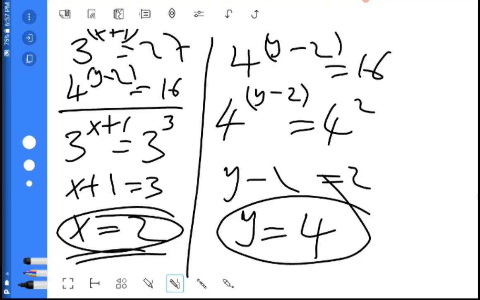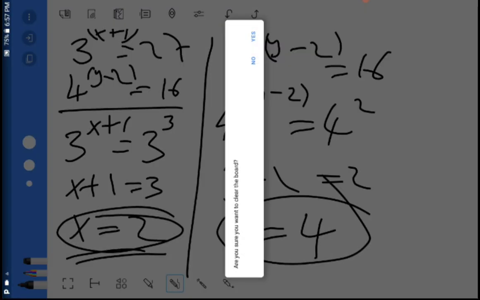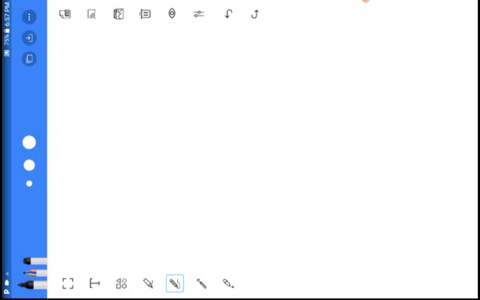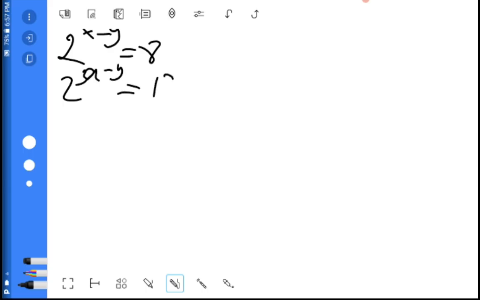Next question. Find the value of x and y. Given two equations, we have 2 raised to the power x minus y equal to 8. Then the next equation, we have 2 raised to the power 3x minus y equal to 128.